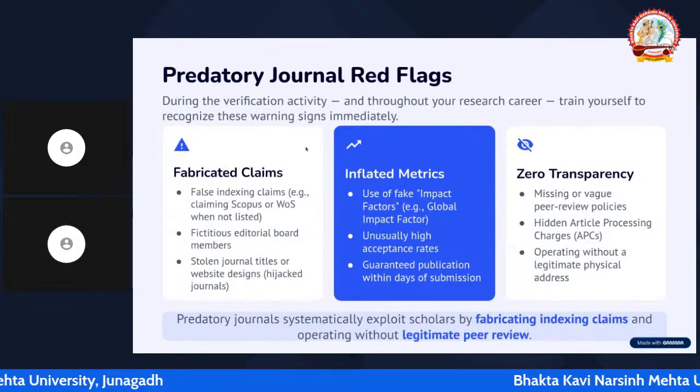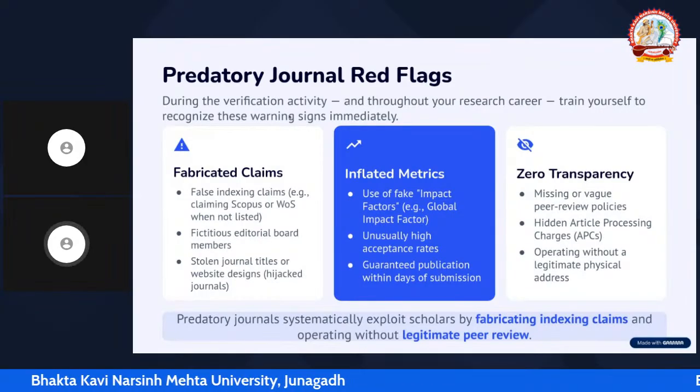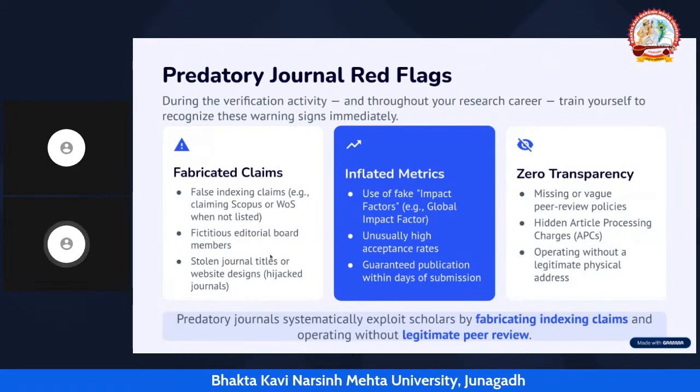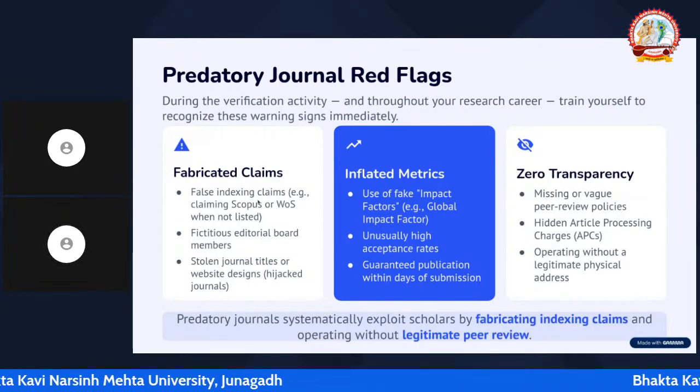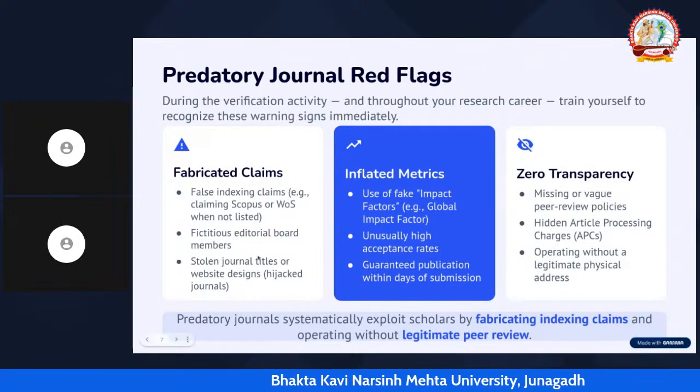Now we have to identify the predatory journals. That means journals that mislead as a replicate copy of the original one. So we have to identify these kinds of journals. They are fabricating false indexing claims. They copy paste the index from Scopus that is not actually on the Scopus website.